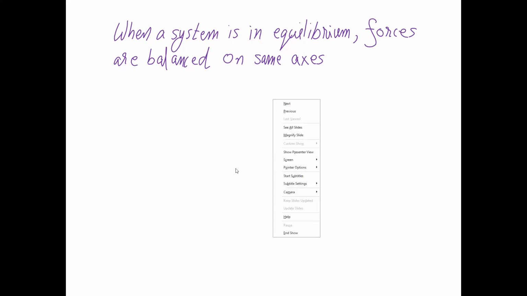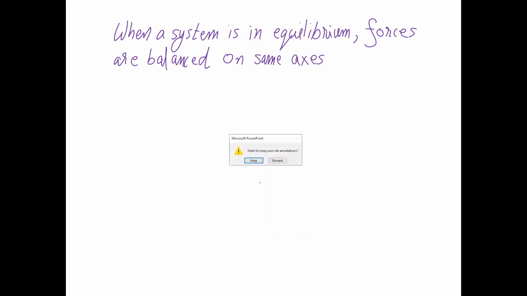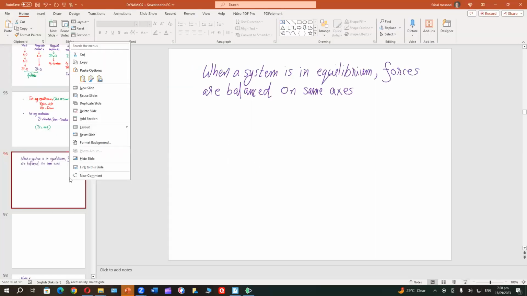It's a very important concept to understand, and that actually helps to make the equations also.